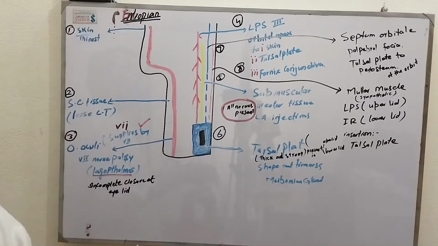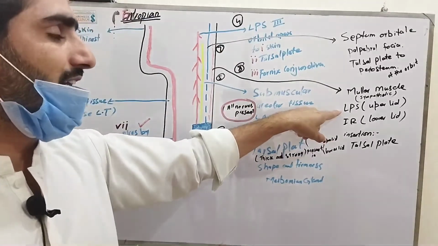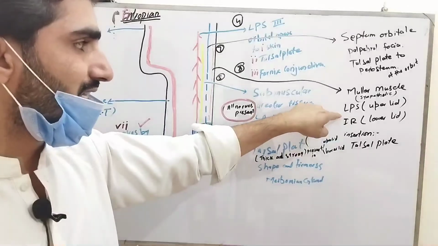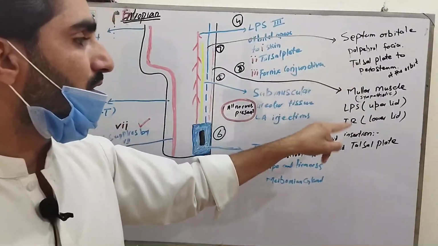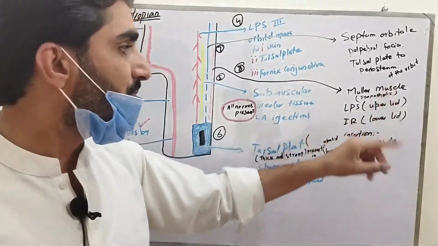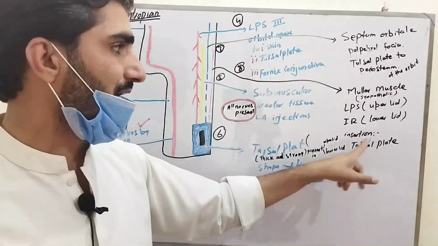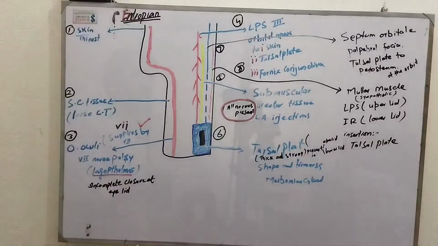It originates from another muscle: from the levator palpebrae superioris muscle in the upper lid, and from the inferior rectus muscle in the lower lid, and it inserts into the tarsal plate. I have explained the anatomy of the eyelid.